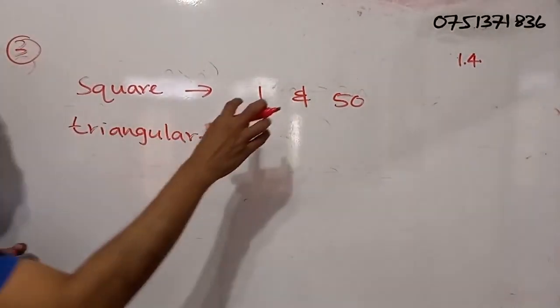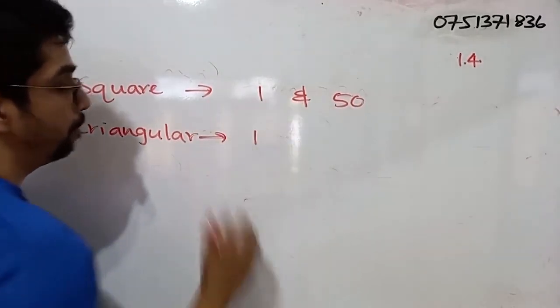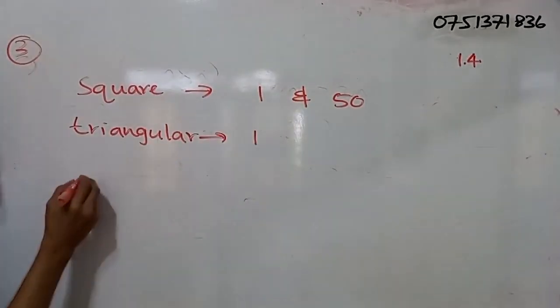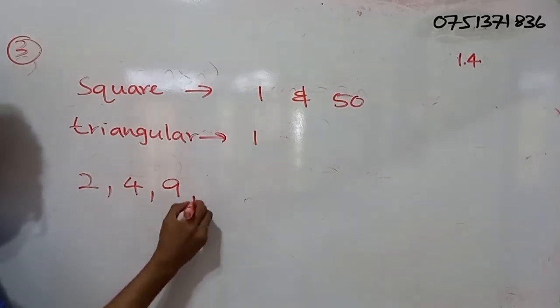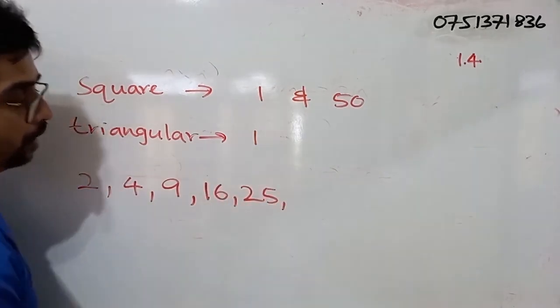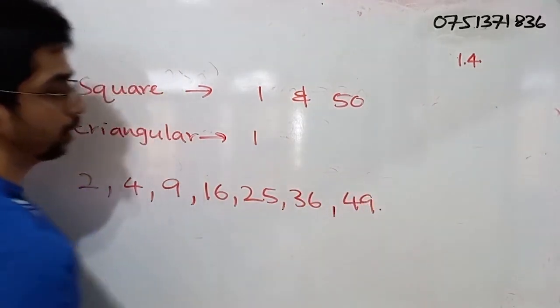Right. So when we talk about square numbers between 1 and 50, let's write what the square numbers in this range are. So we have 1, 4, 9, 16, 25, 36 and 49.